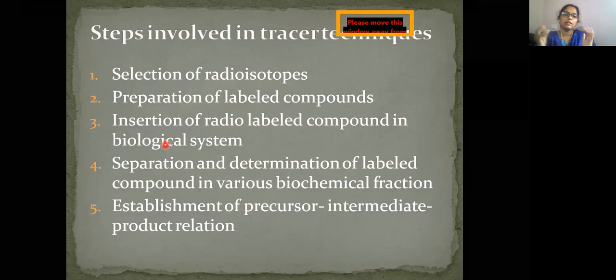So after introducing into the plant, what happens? This will enter inside the plant and start being involved in the reactions taking place within the plant, right? So let us allow the radio labeled compound to be involved in the reactions, and then it will form the products.